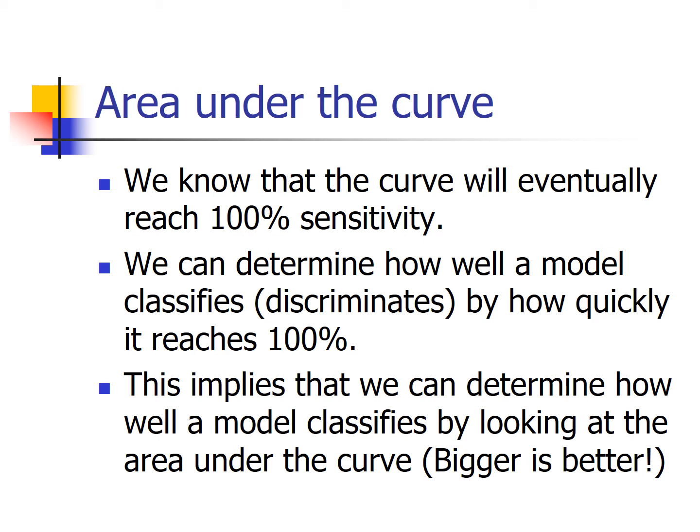The curve has to reach 100% sensitivity, and we can determine how well a model classifies based on how quickly it gets there. We want it to get there as fast as possible. That implies that we can determine how well a model classifies by looking at the area under the curve. Larger area, more area, is better.